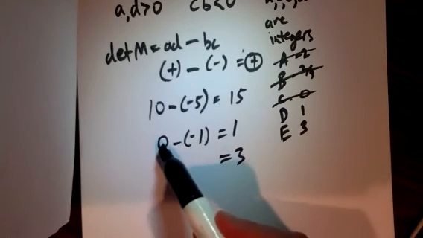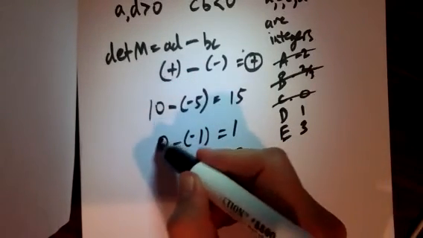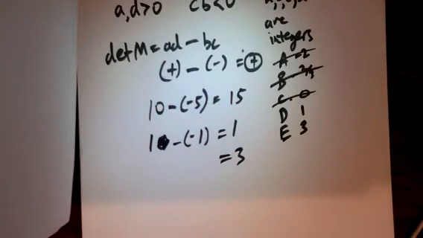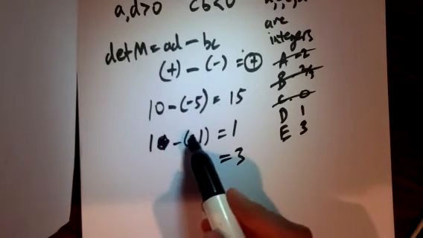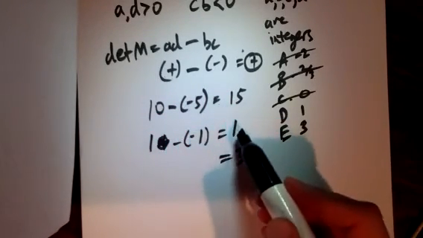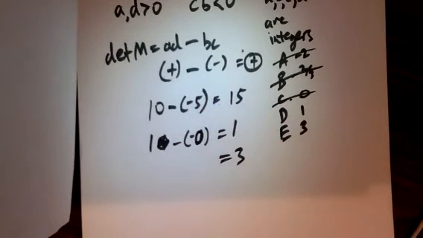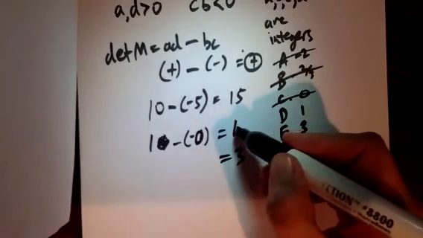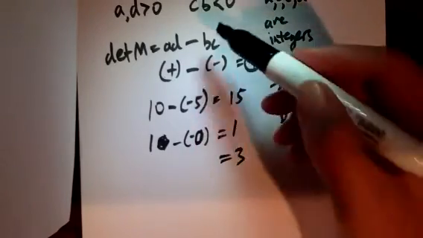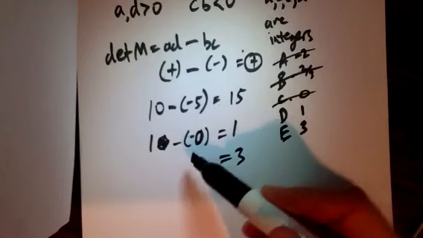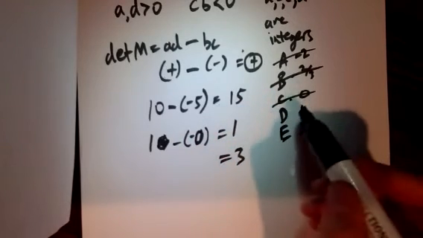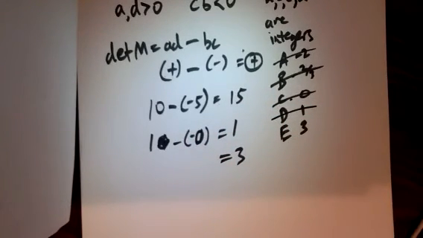So the smallest that that first product could be is 1. 1 minus -1, well, that'll make 2. 1 minus 0, well, that will give us 1. However, that product is less than 0. It can't be equal to 0. So you cannot get an output of 1 for the determinant here.